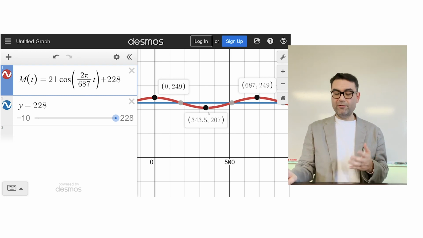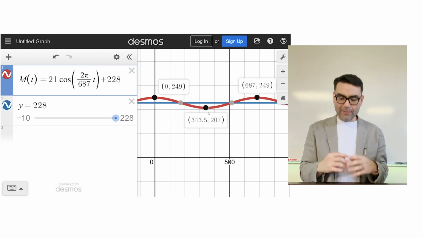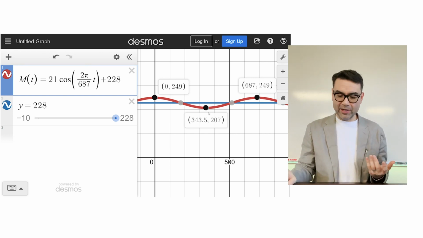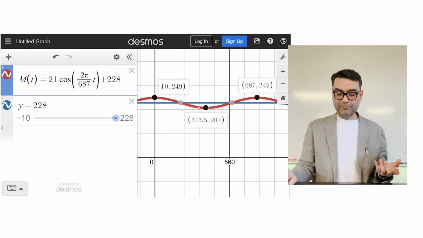So I thought it'd be nice if we used a graphical representation to help us visualize what we're even answering here. What this graph is showing us is the representation of the distance from Mars to the sun over time, over a certain number of days, t.